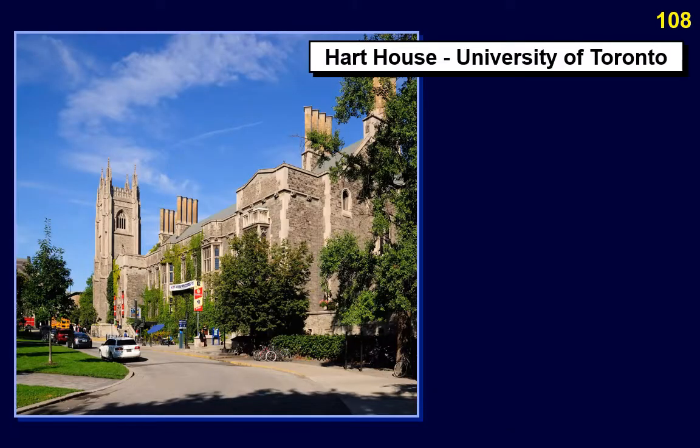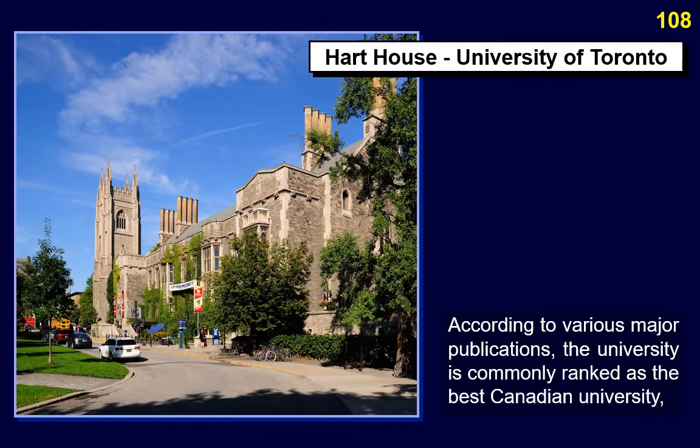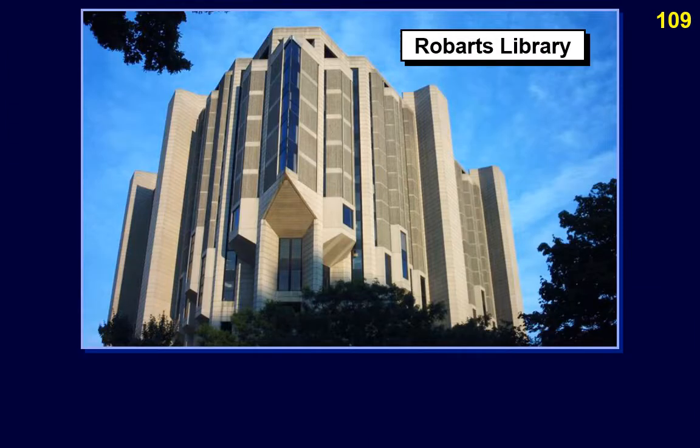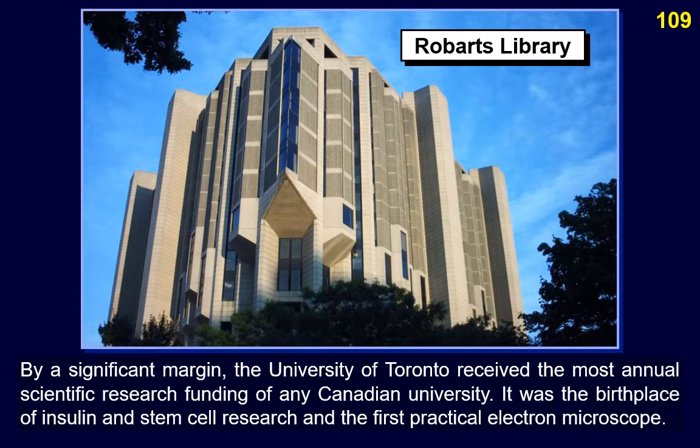According to various major publications, the university is commonly ranked as the best Canadian university, by a significant margin. The University of Toronto received the most annual scientific research funding of any Canadian university.